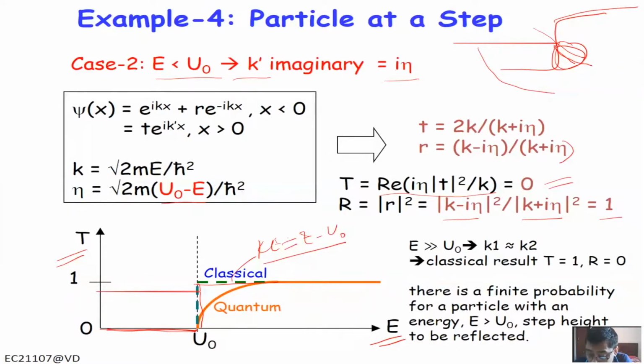But in quantum mechanics, what you see is there is a probability that it may go through and it may not go through, right? So there is a finite probability that the electron may be reflected. So for this reason, you have to show the previous R, because this is case 2, E is less than U naught, right? And this is case 1.